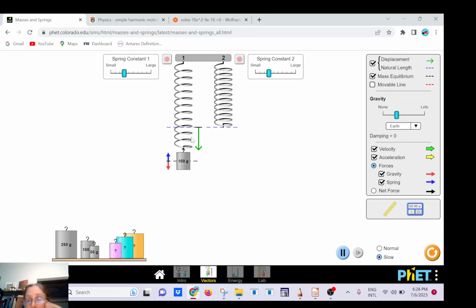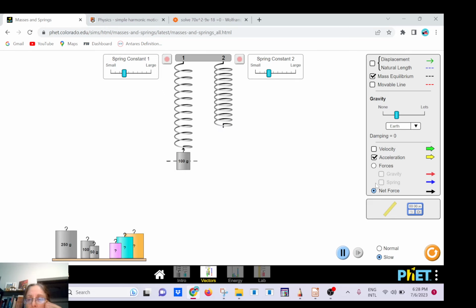So you can use that to find the spring constant. That means k times that displacement here equals mg. Once you have the spring constant, you can forget about gravity, because what matters will be the net force, because the net force is proportional to the acceleration.